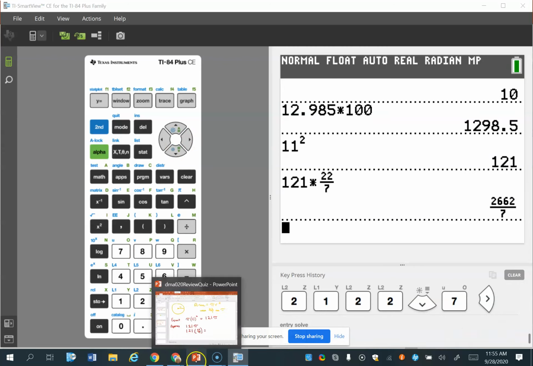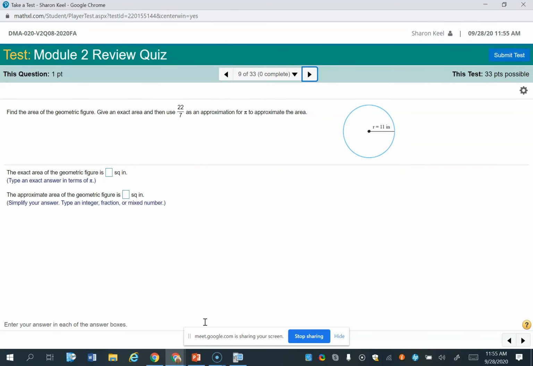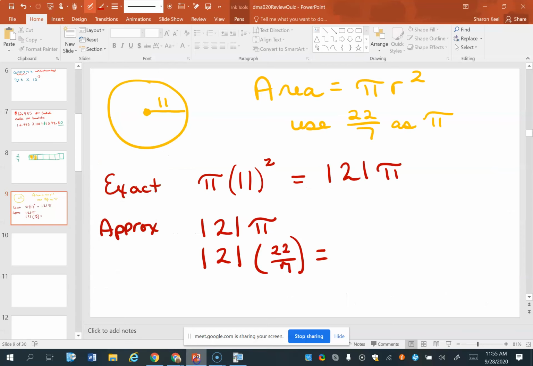Now, let's look at the format they want our answer in. The first one was in terms of pi. The second one said type an integer, a fraction, or a mixed number. Integer means whole number, or just fraction means proper fraction, or mixed number. So we're going to need to take this value and write that in the form of a mixed number.